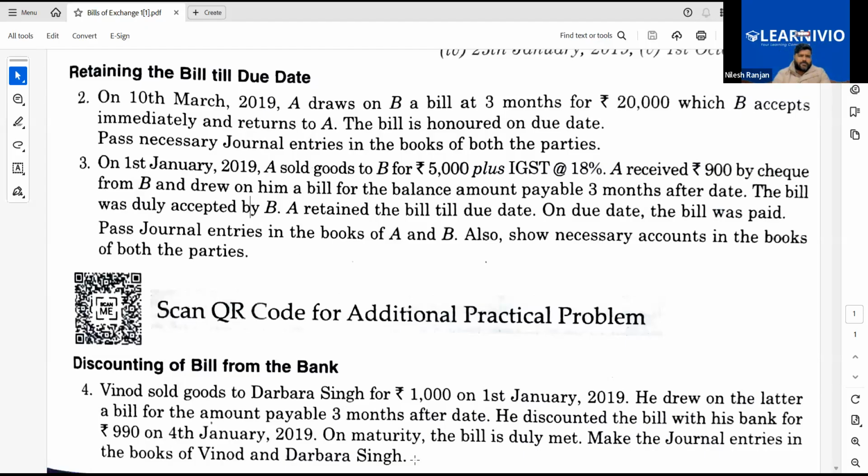I'm talking about this one on maturity. The bill is duly met. So should I do one more entry, like how you did in the last question? Yes, just see it. If it is required, then solve it. Then pass the journal entry. Okay. ठीक है मैं देखता हूँ.